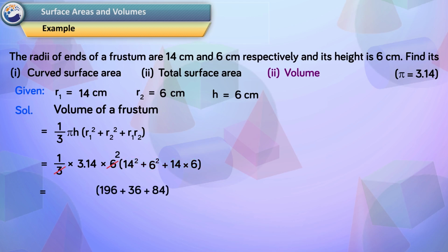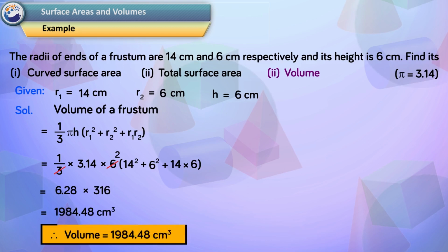But 3.14 × 2 is 6.28 and 196 + 36 + 84 is equal to 316, which is equal to 1984.48 cubic centimeters. Therefore, volume of a frustum is equal to 1984.48 cubic centimeters.